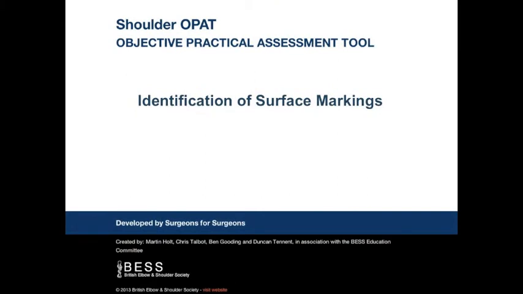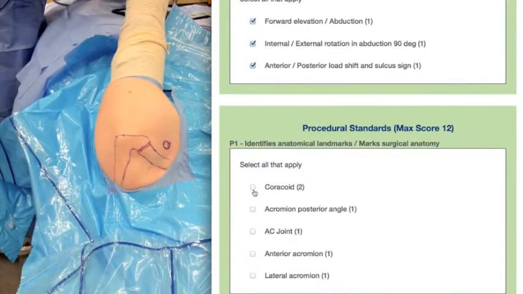Once the patient has been positioned for the procedure, the trainee is then required to identify all of the relevant anatomical landmarks. These may be marked with a pen if so desired, and each correctly identified landmark obtains a score.